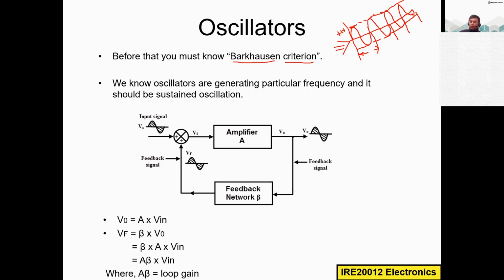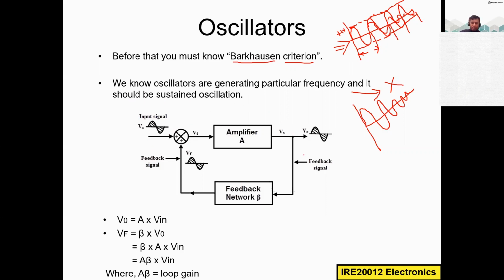It's not like I generate 1 volt and after that it goes down a little bit, to 0.8 volt and then down little by little, reducing amplitude, going down and down until 0. This is not sustained oscillation. This is not correct. We want sustained oscillations which maintain the same amplitude. The oscillator must produce sustained oscillation.